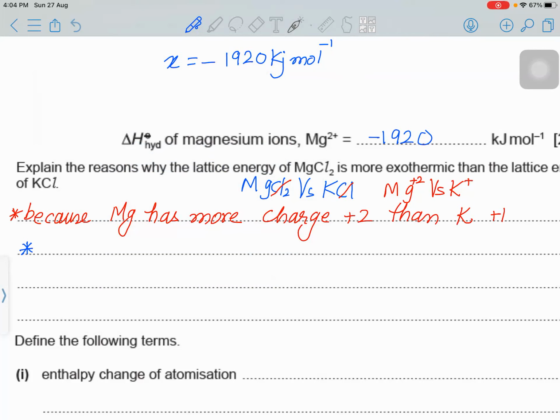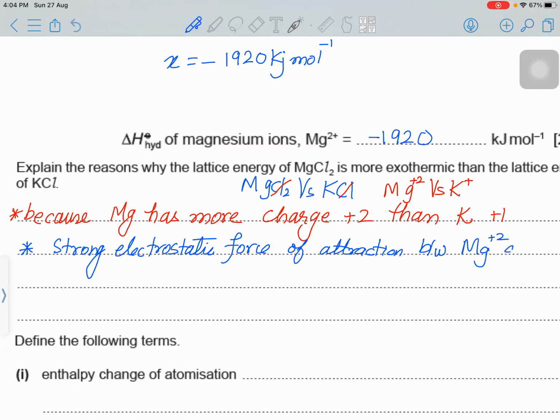If magnesium has more charge, there is a stronger electrostatic force of attraction between magnesium +2 and Cl minus than between K positive and Cl minus.